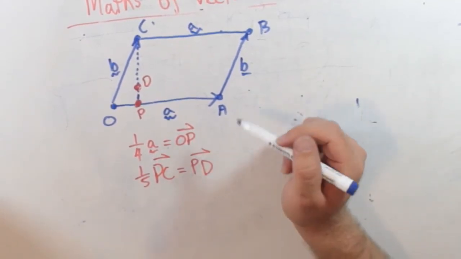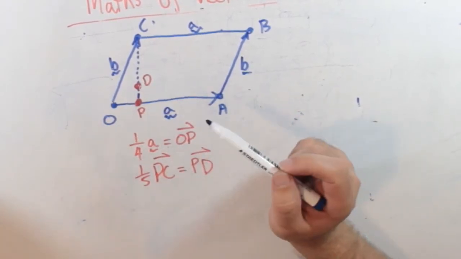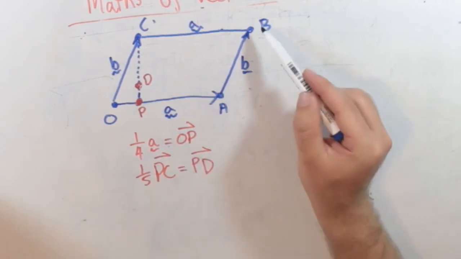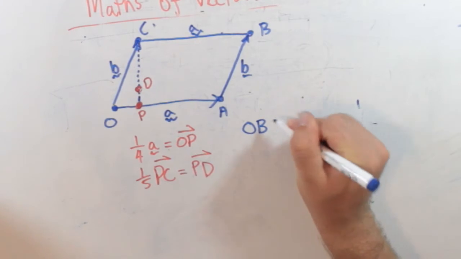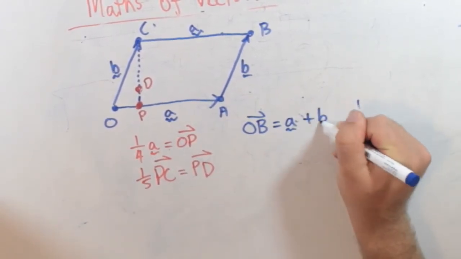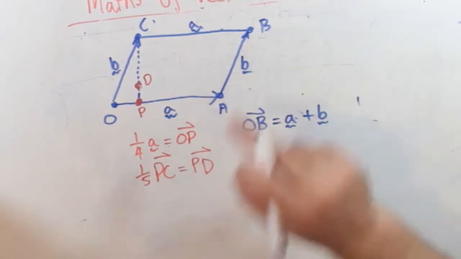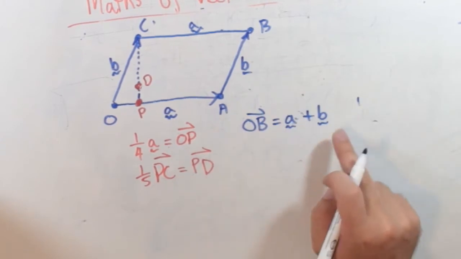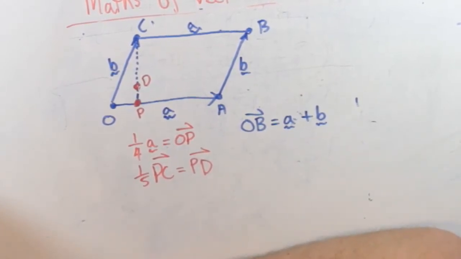So let's work that out. We need to find OD, or even OB. OB is the same as a plus b. That's just vector addition, which we did before. How do we get from O to D?